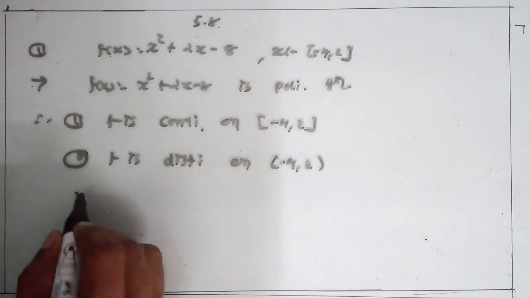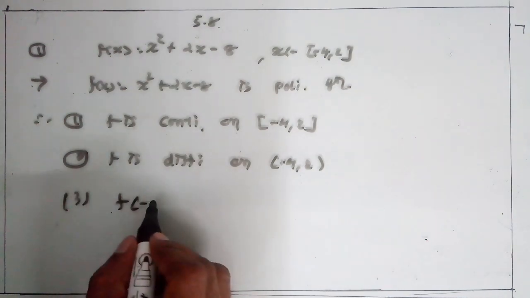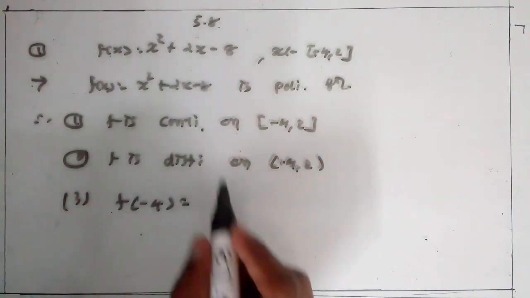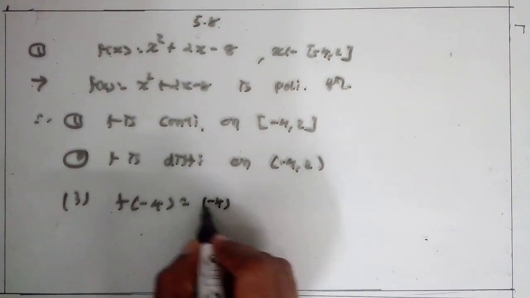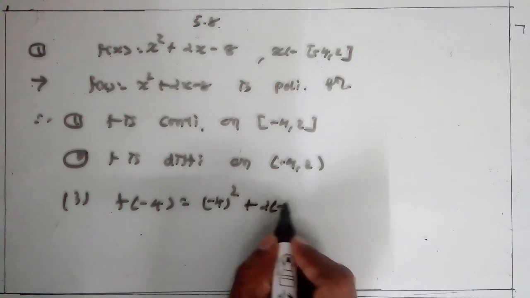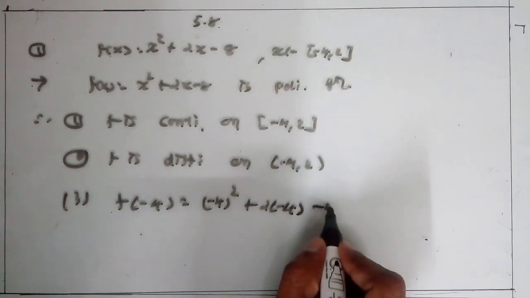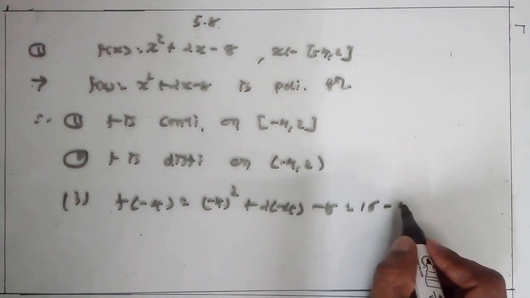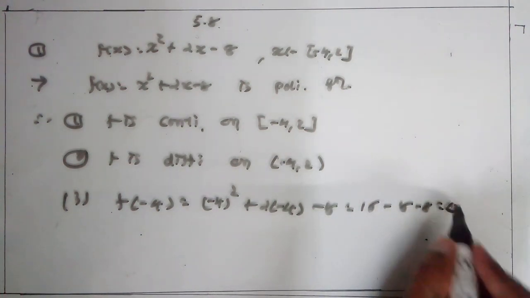Number 2, directly write: f is differentiable on the open interval (-4, 2) because this is a polynomial function. Number 3, f(-4) is equal to, replace x by -4: (-4) squared plus 2 into (-4) minus 8 is equal to 16 minus 8 minus 8, which becomes 0.